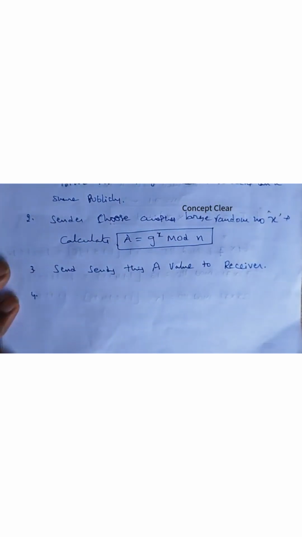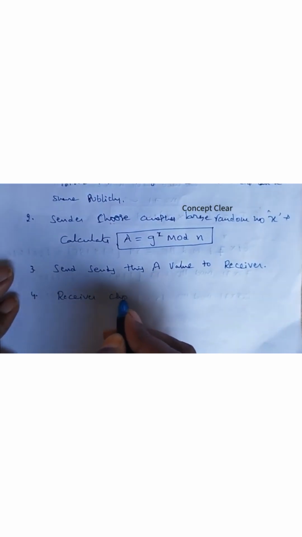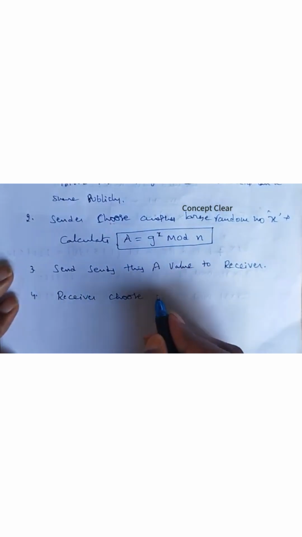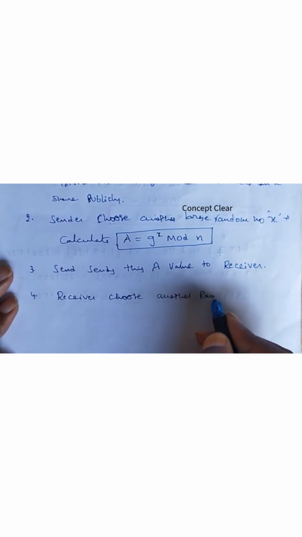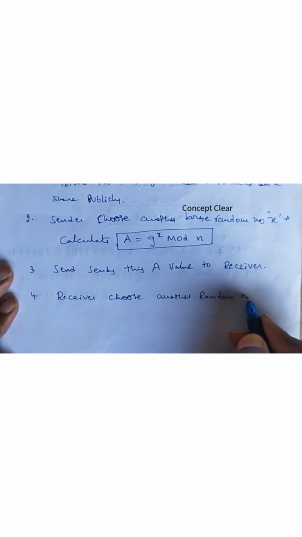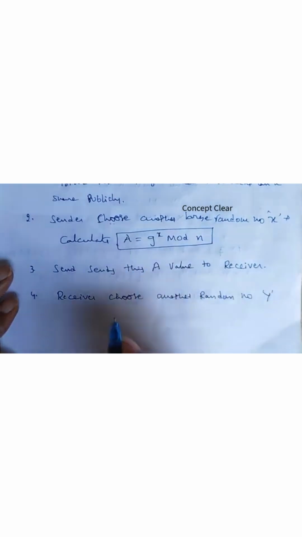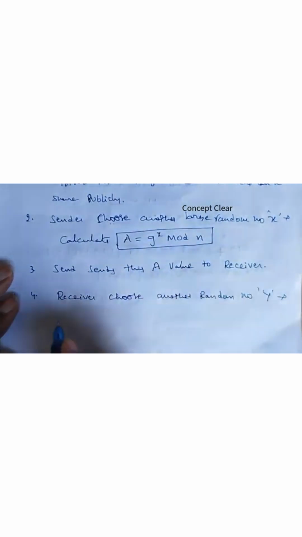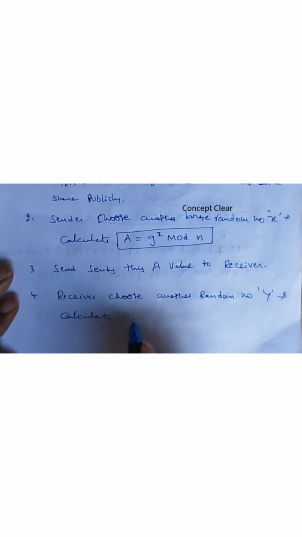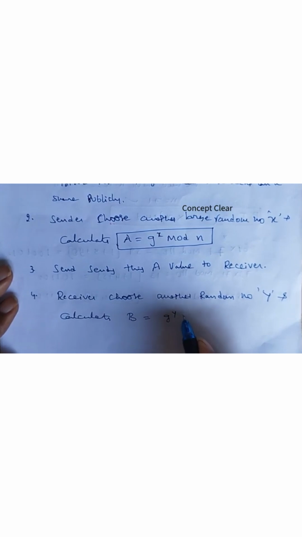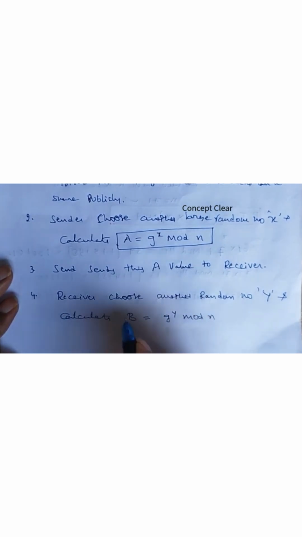And what about the receiver side? Fourth step, the receiver chooses another random number y and calculates the b value. b equals g power y mod n.